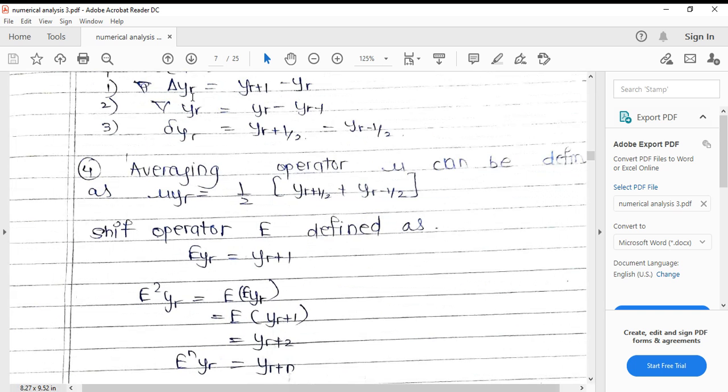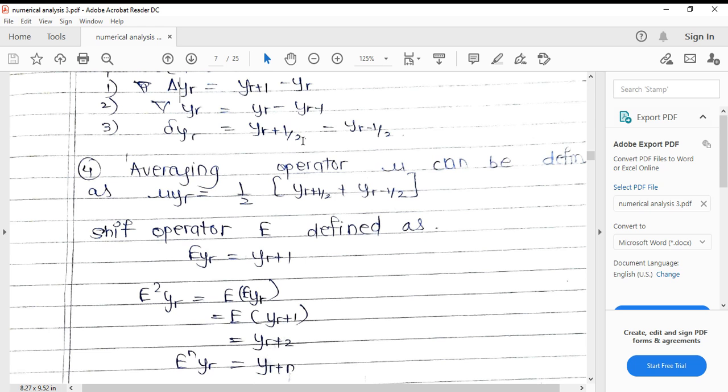The forward operator del yr is yr plus 1 minus yr. For backward, del yr is yr minus yr minus 1. Delta yr will be yr plus half minus yr minus half. Now, what is an averaging operator? Mu is a new one, the averaging operator. In this lecture, we are just studying the operators.